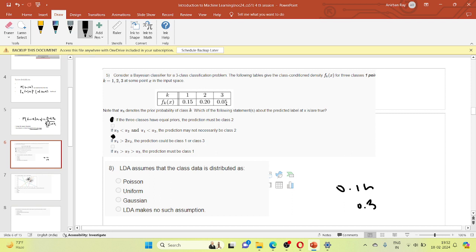And suppose pi 3 can be 9 times pi 2. Then this can be equal, right? Class 1 and 3 will be equal. I'm just giving you an example. Let me write it down. So what I'm saying is pi 1, suppose 3 pi 2.